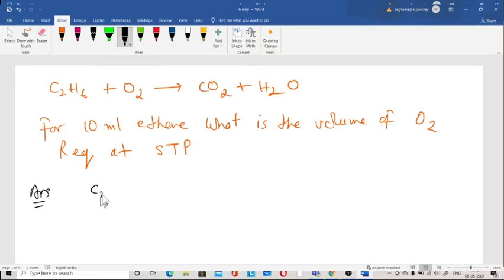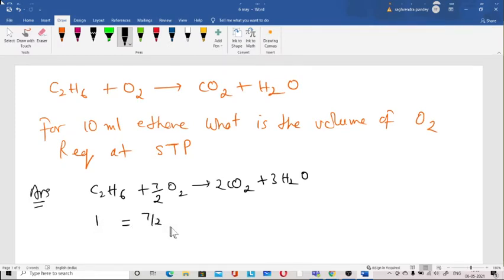So it will be C2H6 plus 7 by 2 O2 giving 2CO2 plus 3H2O. So 1 is equal to 7 by 2.